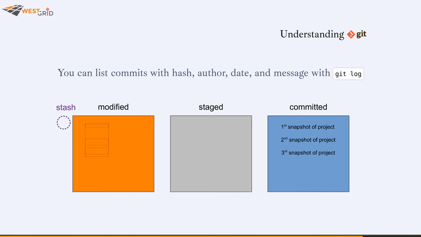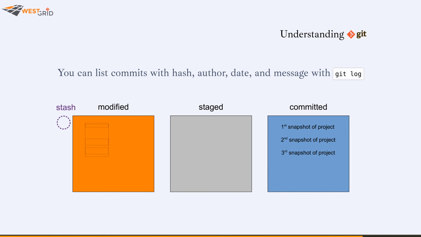Git log will list all of your commits with their hash, which is a big string, their author, which is going to be you if you're the only person who has committed in this project, their date, and their message. And that's why, by the way, it is very important to have an informative commit message.